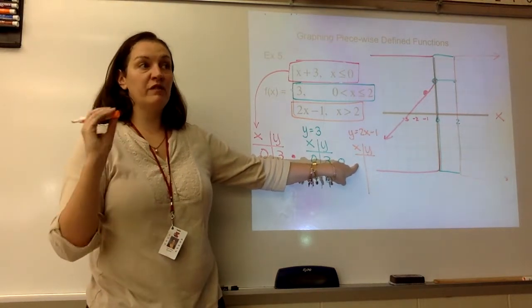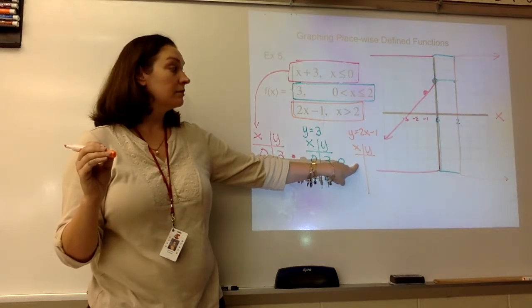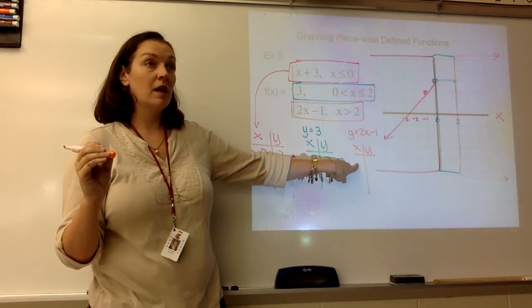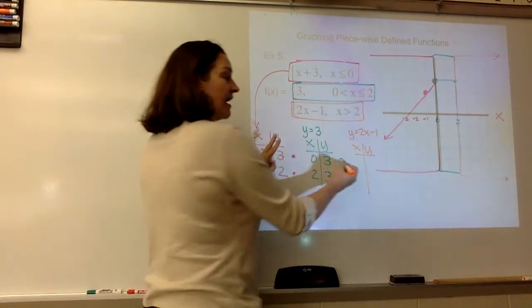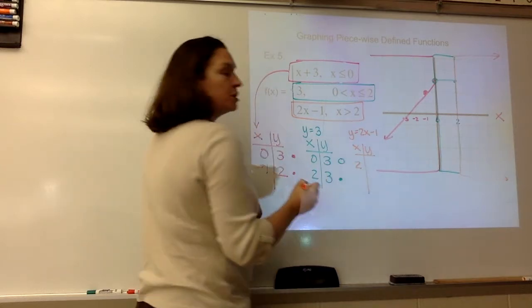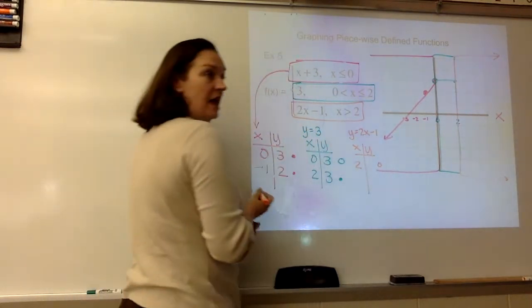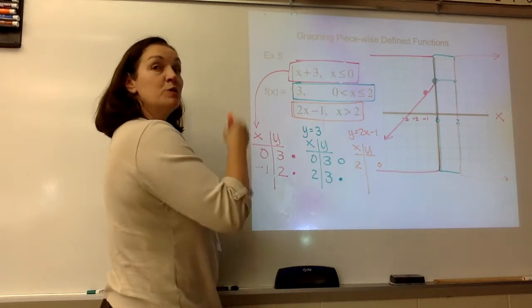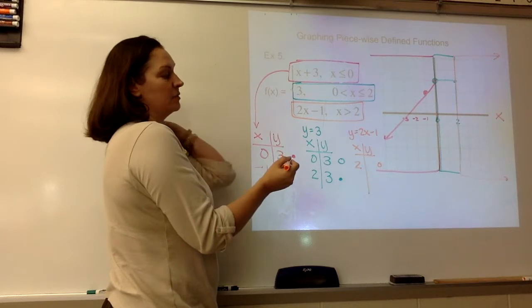Where do I pick the first x value from? It comes from the restrictions. 2 is my first x value. And some of you are like, yeah, but 2 is not true. Exactly. That's why it's going to be an open circle. It's not a solution, it's a boundary. If you start with 3, you're missing the piece of the graph between 2 and 3, all of those decimals.